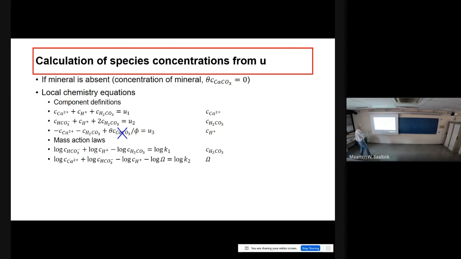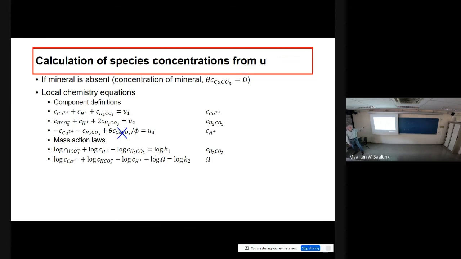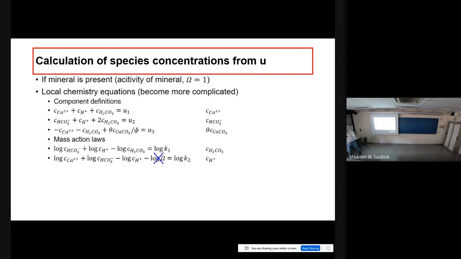So if omega is larger than 1, I repeat it, assuming that omega is 1. And then I calculate how much calcite I have. If my calcite is negative, I cannot have a negative concentration, so I've done something wrong, and then I go back to the first one. I impose that I don't need calcite. And then I can do it iteratively.